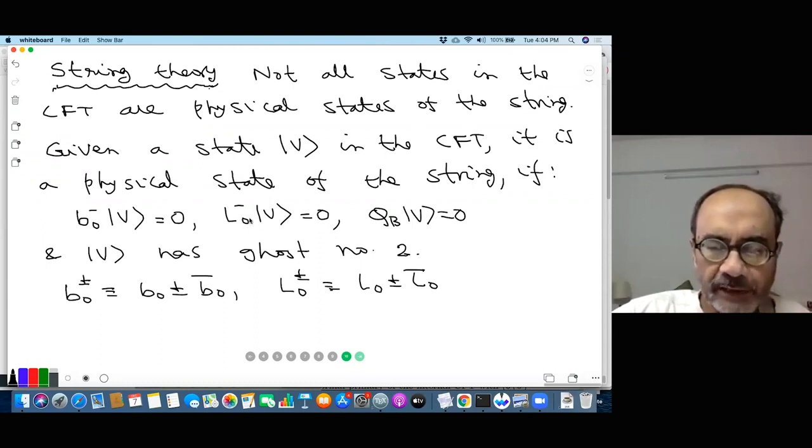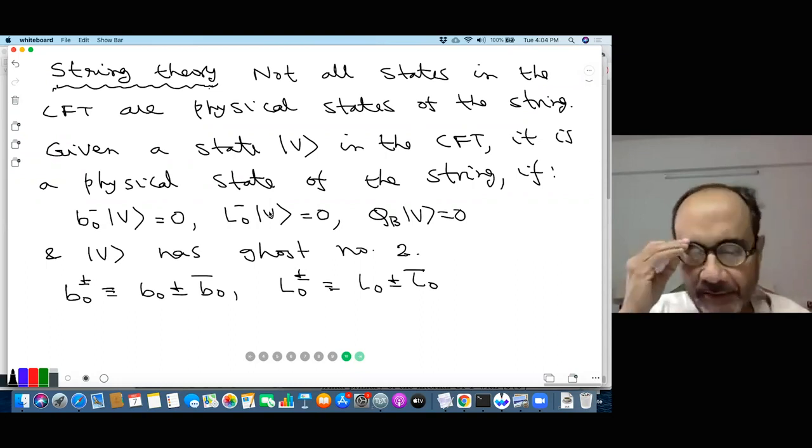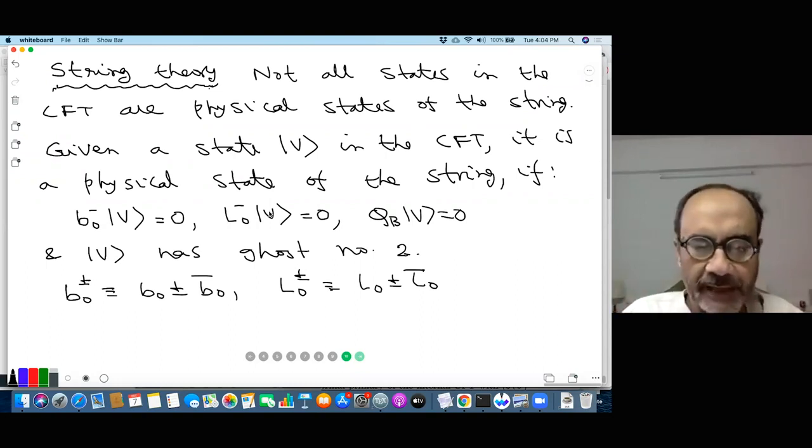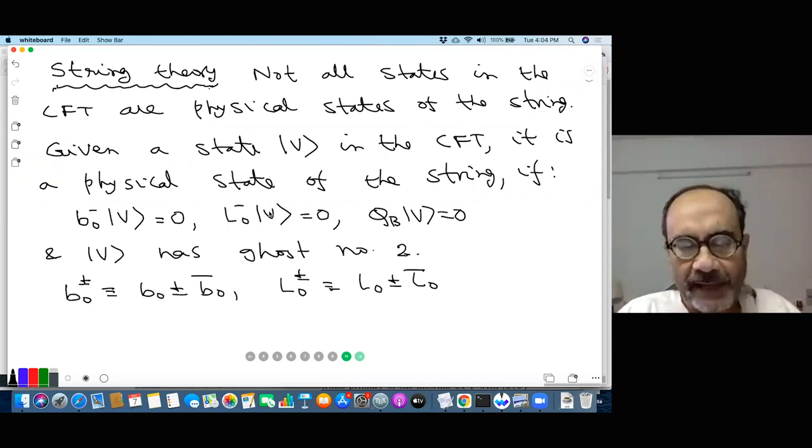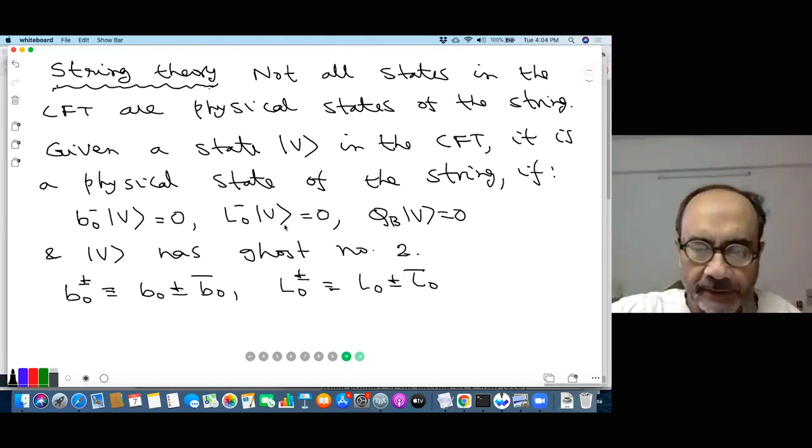So this condition that you have to impose is essentially due to the fact that we gauge fixed to go to the conformal gauge, but that doesn't fix the gauge completely because a translation along sigma remains a symmetry, and you have to impose the condition that all states are invariant under translation in sigma. And that's this condition, L0 minus on V equals 0.